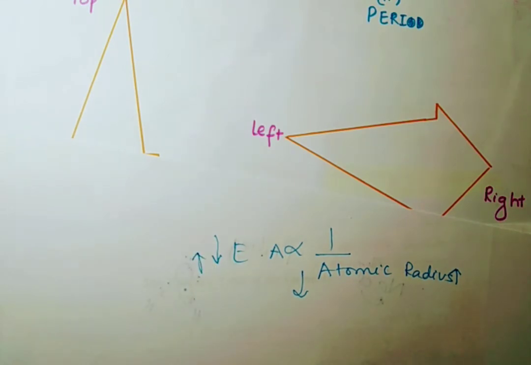When we move from top to bottom in a group, atomic radius is increasing but electron affinity is decreasing. But when we move from left to right in a period, atomic radius is decreasing but electron affinity is increasing. So this is all about the electron affinity.